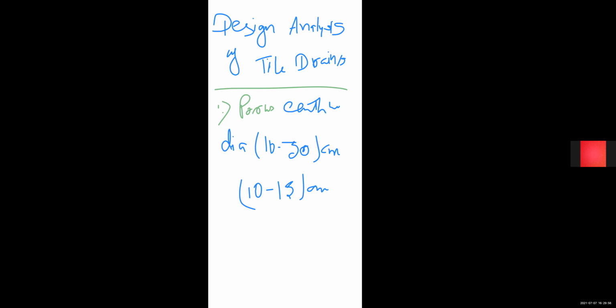So tile drain is just like this. This is the soil thickness of 10 centimeter, and here is the drainage provided, and this drainage is the tile drainage. This is the soil.